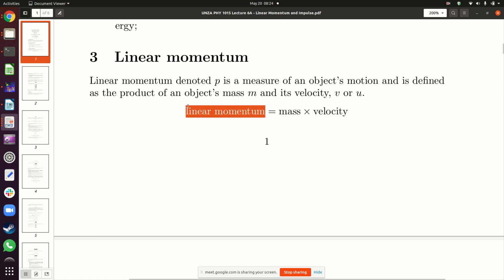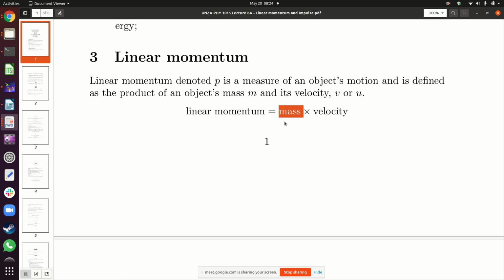So when you have a linear momentum equal to 0, it tells you that the object is not moving. As the velocity of the object increases, you multiply the velocity times the mass of the object, then the value of linear momentum begins to increase.